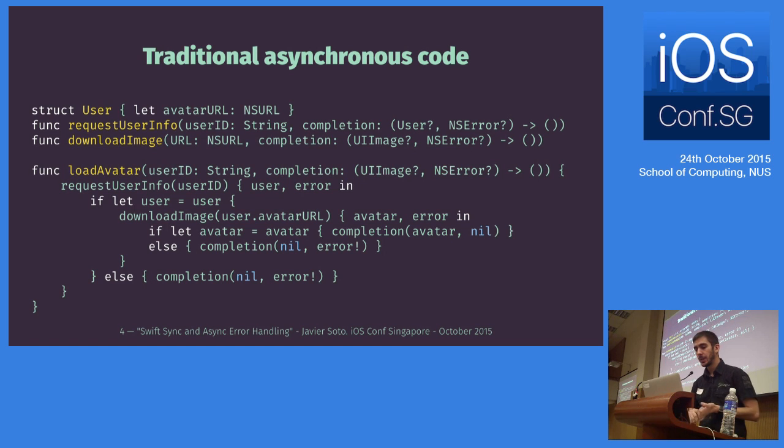The problem with this that we see immediately is that every time we need to check: am I on the success case or am I on the error case? That's why we end up with all these if-lets or if-else nested checks all the time. And this grows to the right very quickly as soon as you start having to do more asynchronous things within asynchronous things.